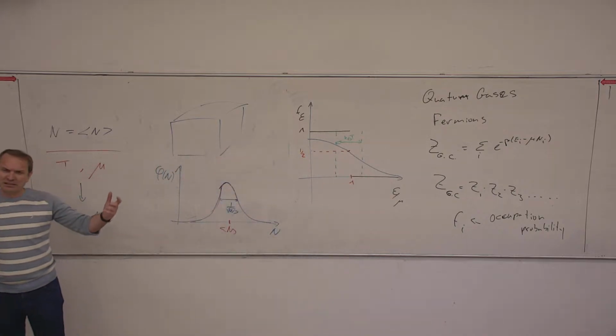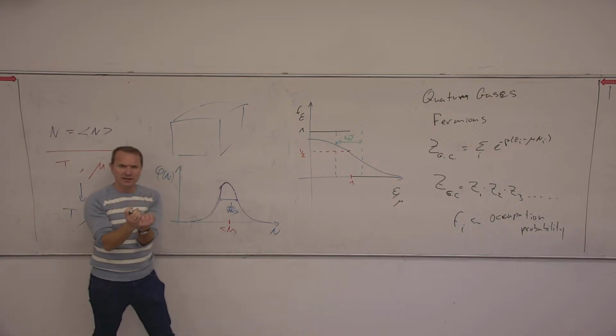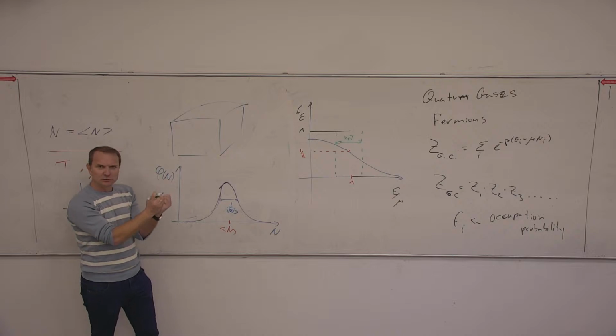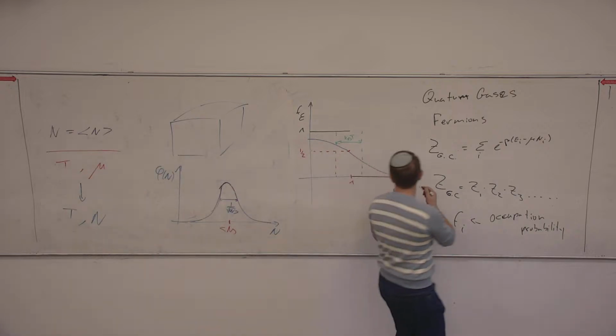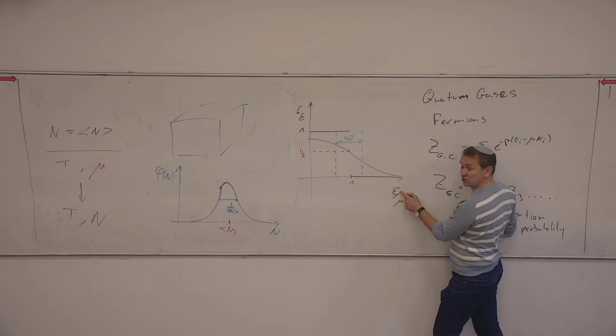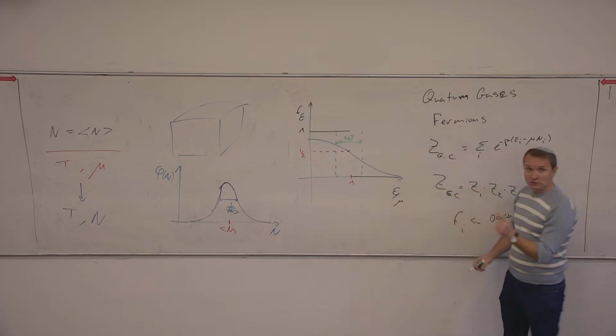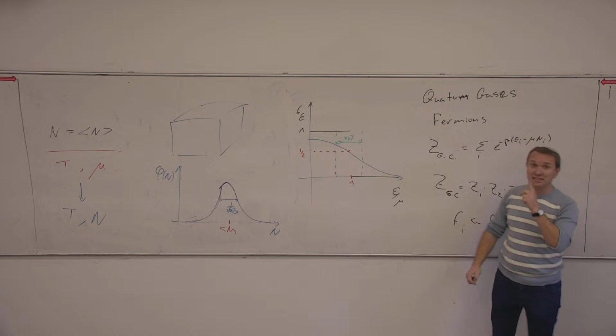And all the dynamics and all the interesting stuff that happens, anything that can define the behavior of my material, occurs in this region of the energetic spectrum, which is of the order of k_B T around the Fermi level. Right? So it's important to find what exactly the Fermi level is.